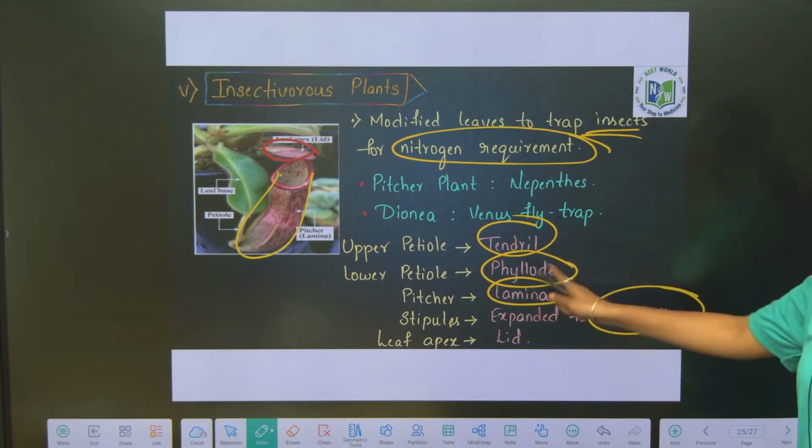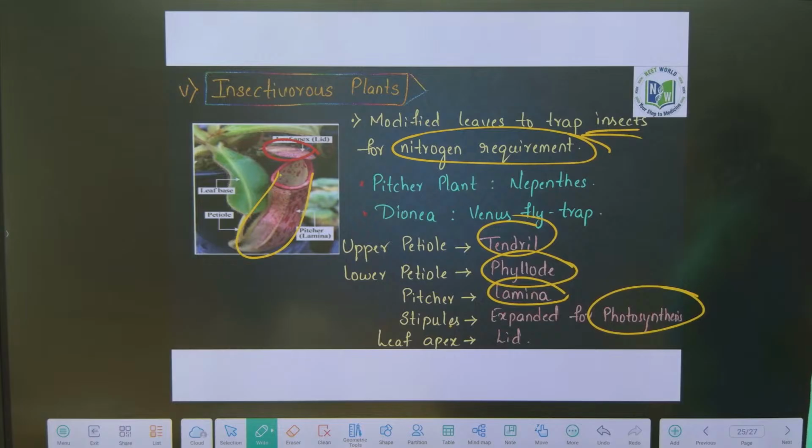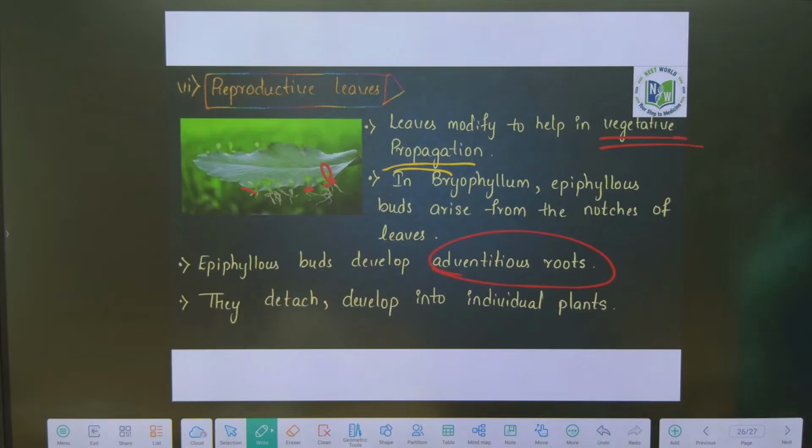Like which part is modifying to what should be clear. Last, reproductive leaves. Do you have anything to take in the previous slide?